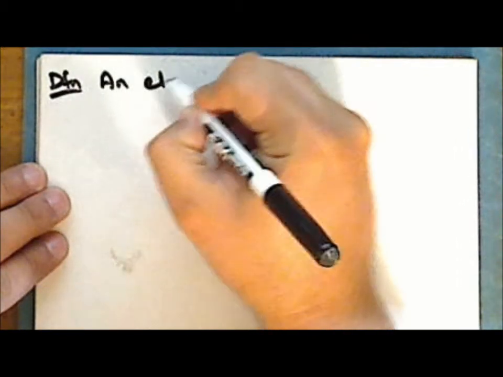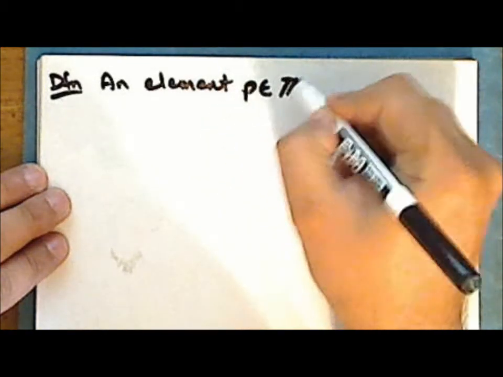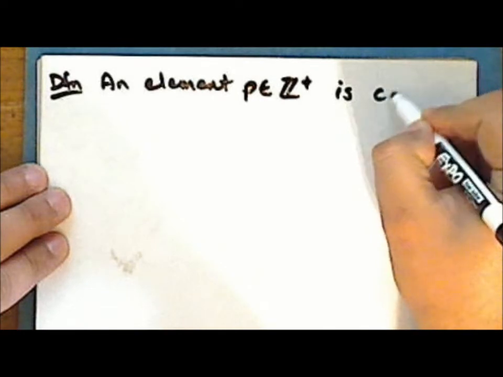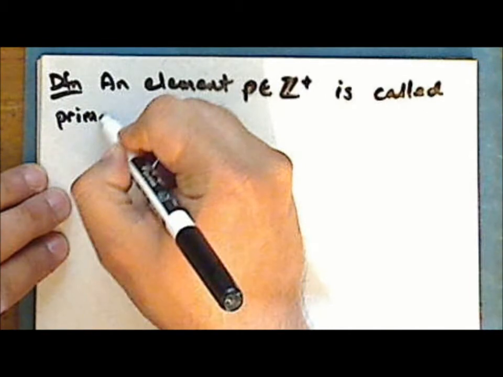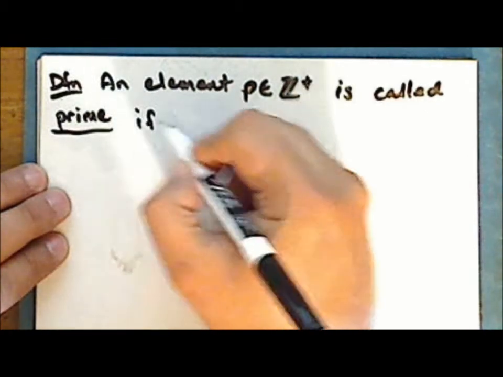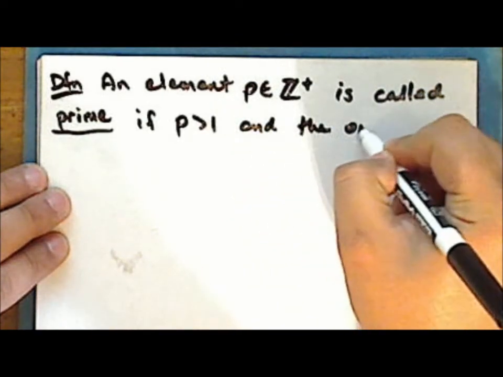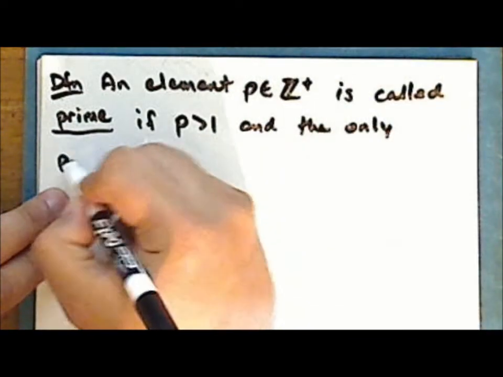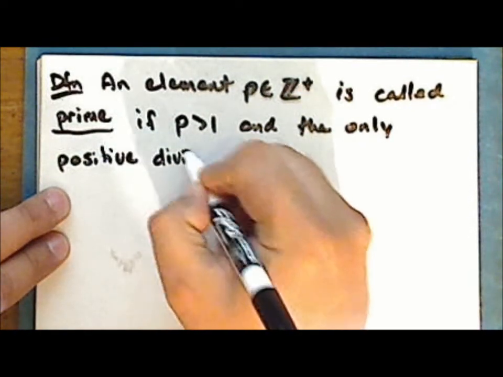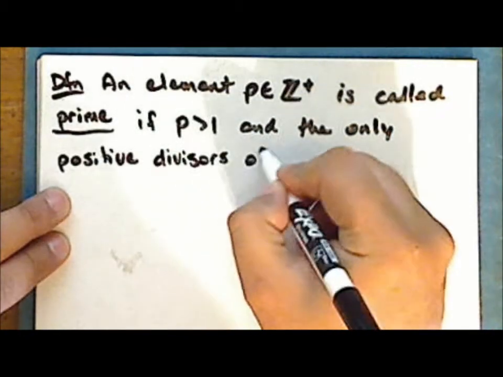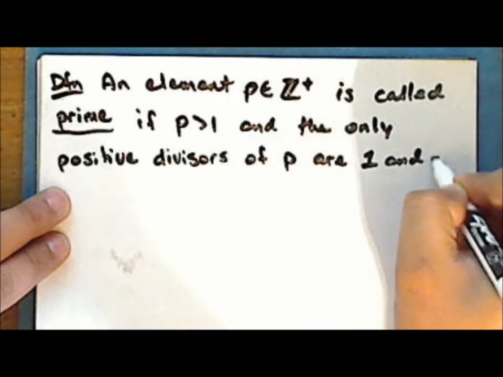An element P in the set of positive integers is called prime if P is greater than 1 and the only positive divisors of P are 1 and P itself.